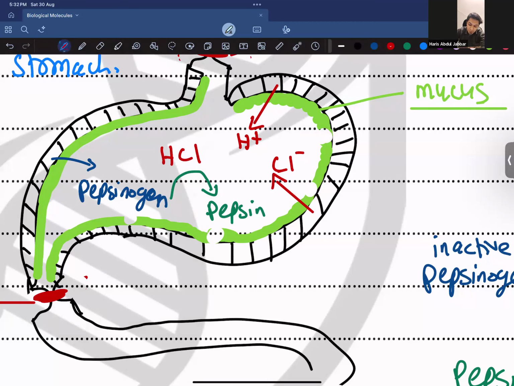And this leads to a condition called ulcers, peptic ulcers. Whenever the person eats something, they will have a severe burning sensation in the stomach.